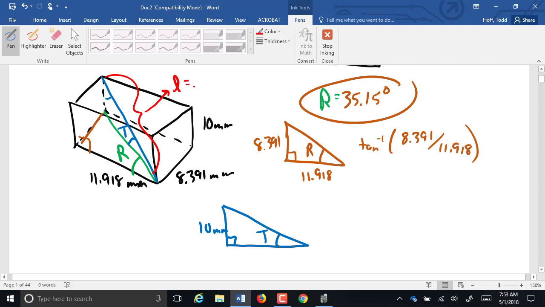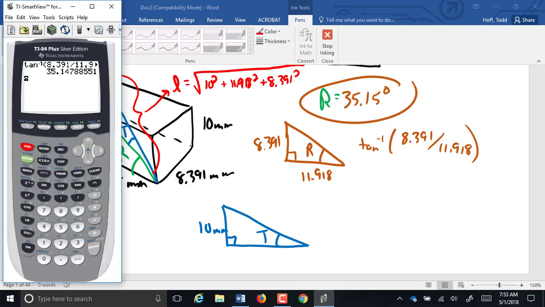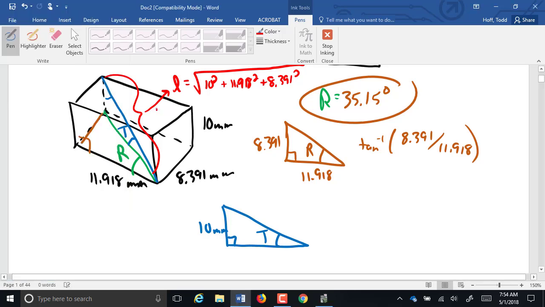That length would be found using our three-dimensional Pythagorean theorem. Square root of 10. There you go. All that lovely good stuff, right? Giving us 17.676.